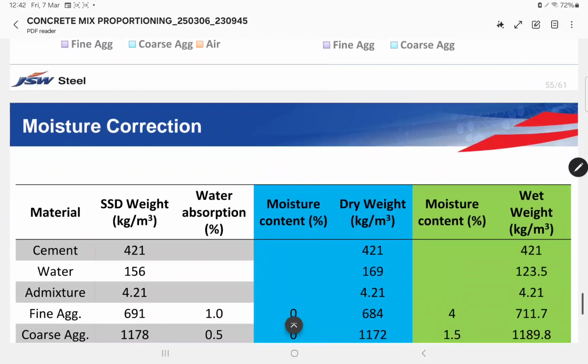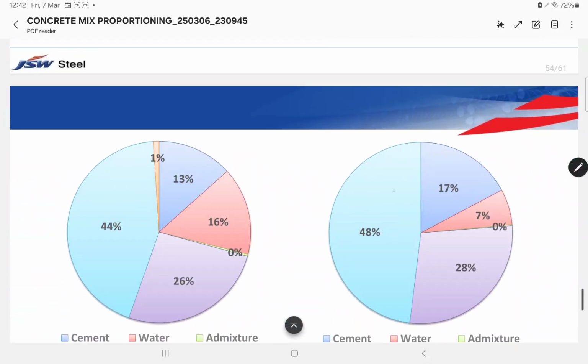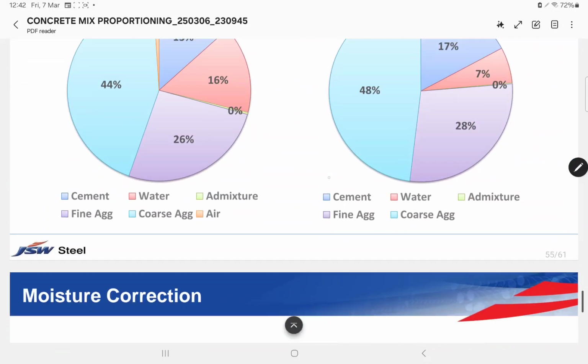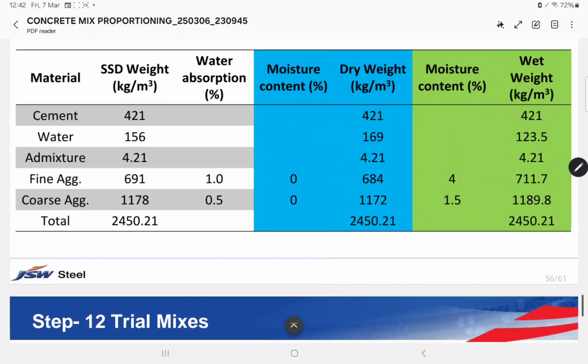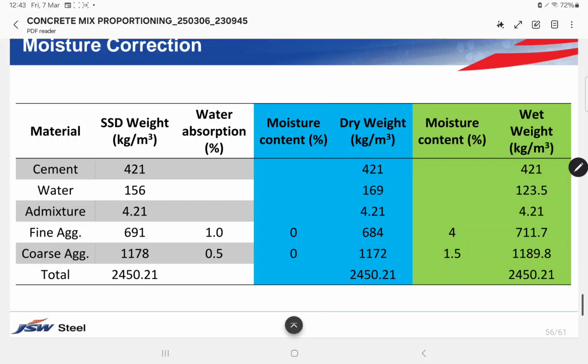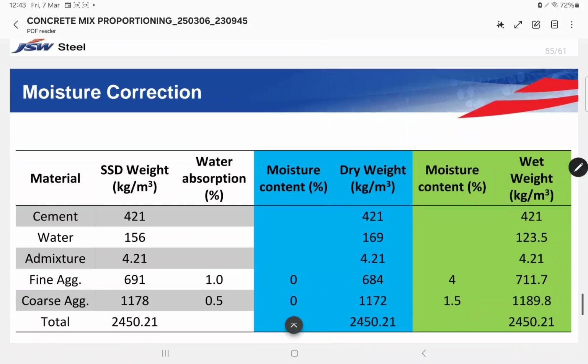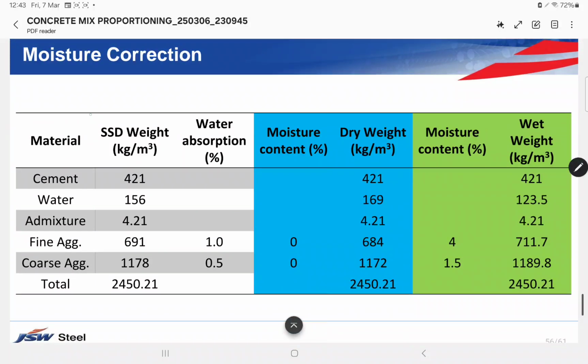Now we have done that. The next thing is finding out the moisture correction. Until now we have calculated all the materials in SSD condition, but in practice it is impossible to get all your materials in SSD condition.